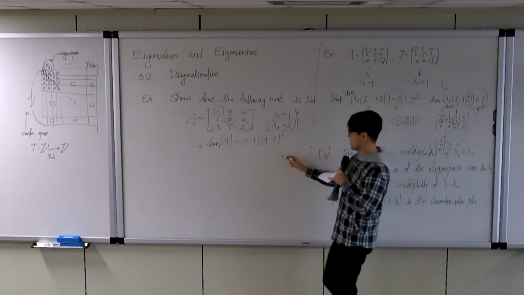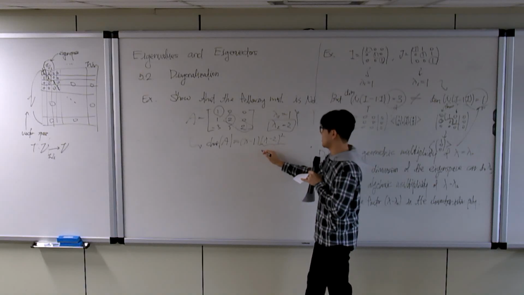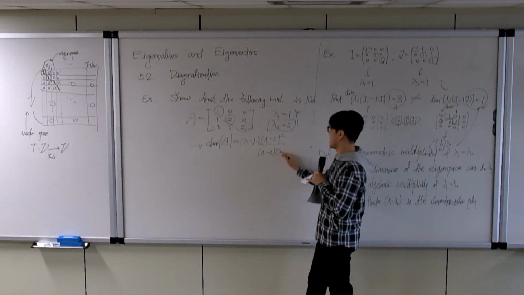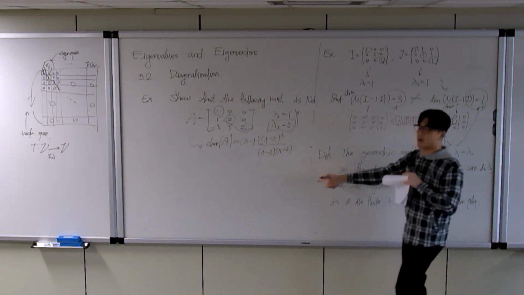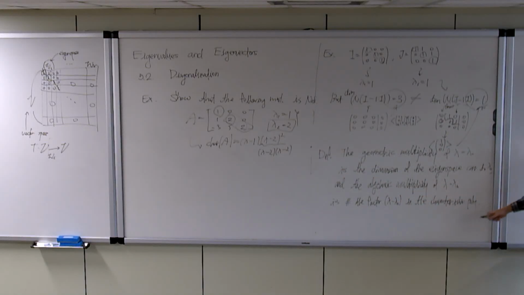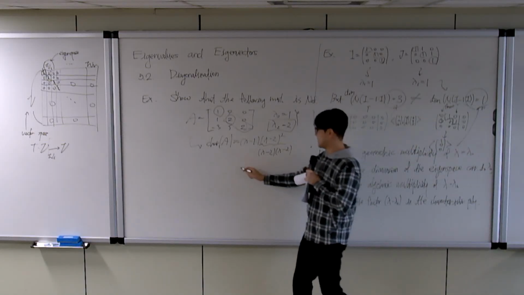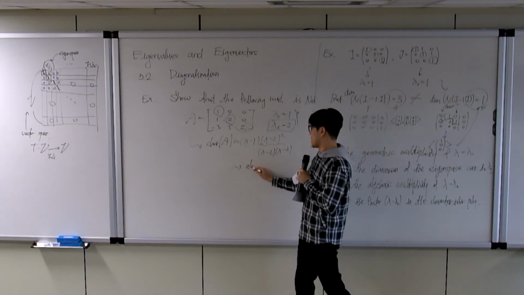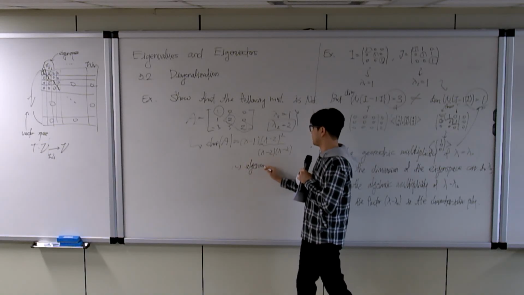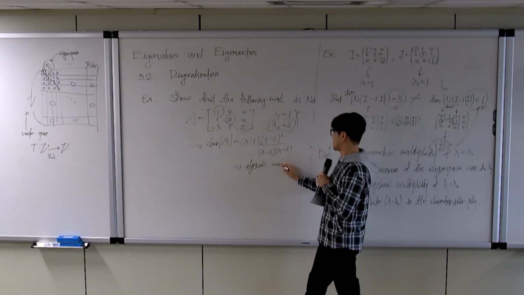And here we get the geometric multiplicity of lambda equal to 1 is 1, because the dimension of the eigenspace was 1.